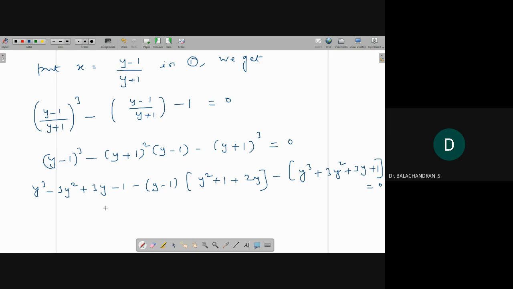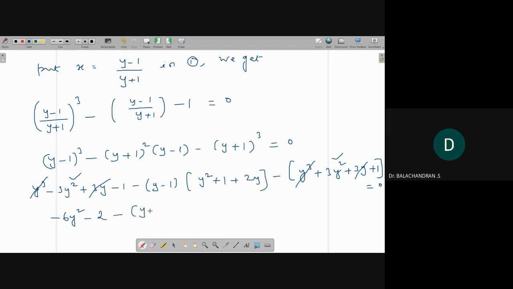Now here plus y cube minus y cube gets cancelled. If I add these two, we'll get minus 6y square. And plus 3y minus 3y gets cancelled. Minus 1 minus 1 is minus 2.